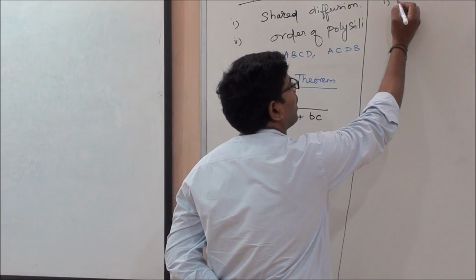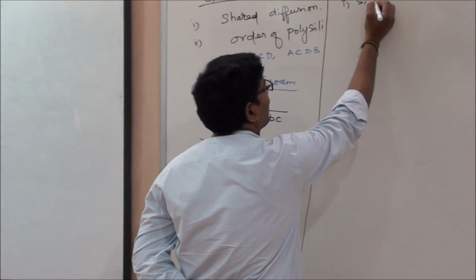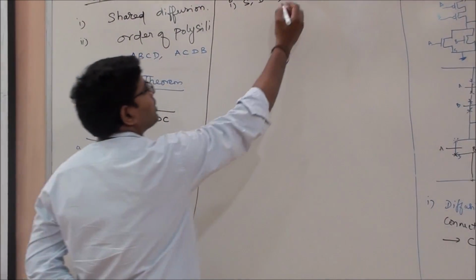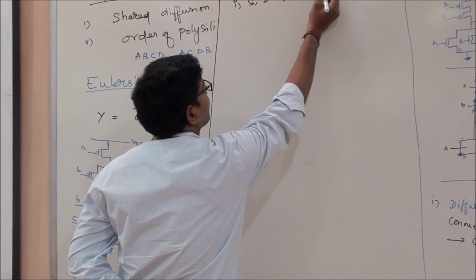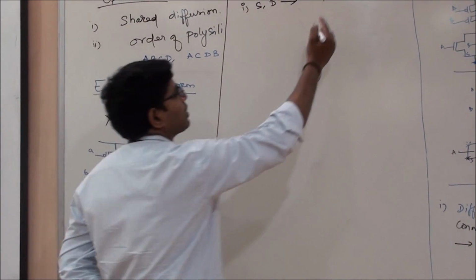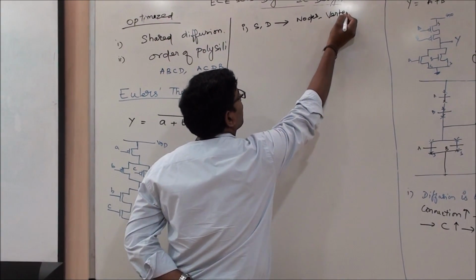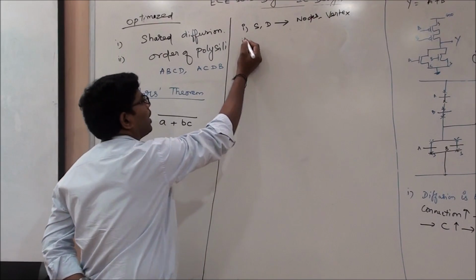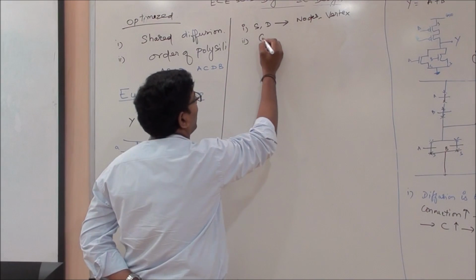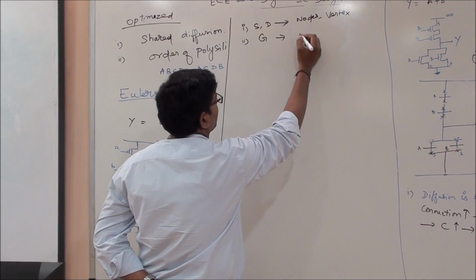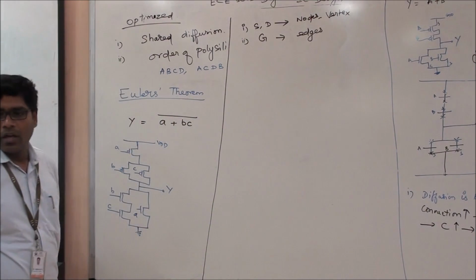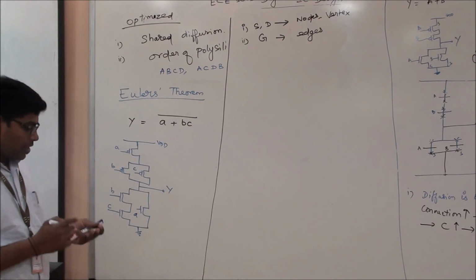That is, all source and drain of a transistor are considered as nodes, also called vertices, and the gate is converted as edges. Gate G is represented as edges. So it's something like this.